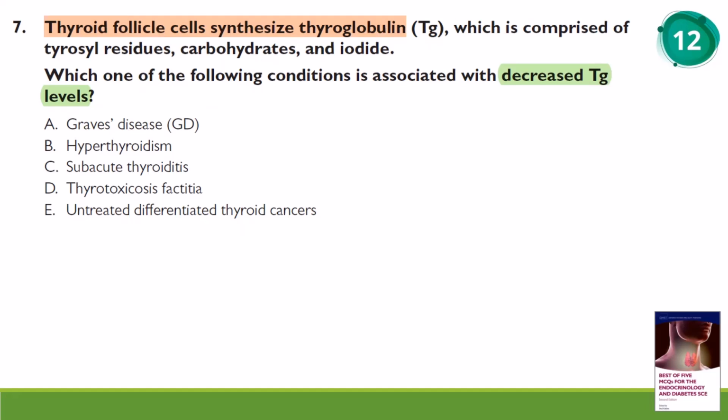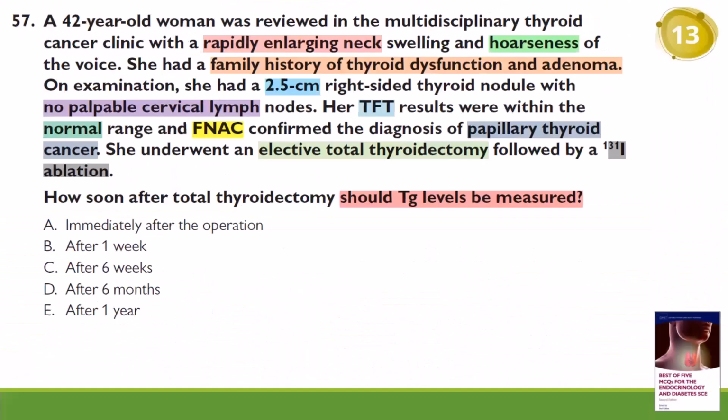Any condition of untreated differentiated thyroid cancer will present with normal TG, but thyrotoxicosis factitia will present with decreased TG. Another condition that differentiates between thyrotoxicosis factitia and another etiological cause of thyrotoxicosis is radioactive iodine uptake. In a case of thyrotoxicosis factitia, thyroid uptake will be low.